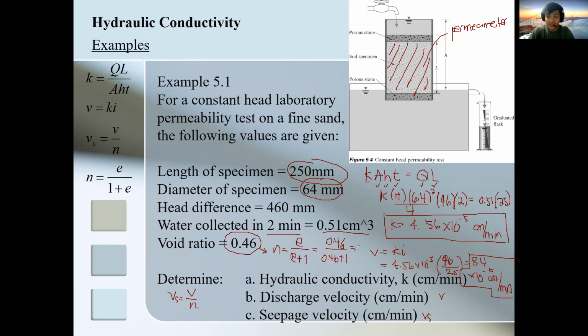So let's try to solve it. 0.46 divided by 1.46. So 0.32. So here is 8.4 times 10 to the power of negative 5 divided by 0.32.